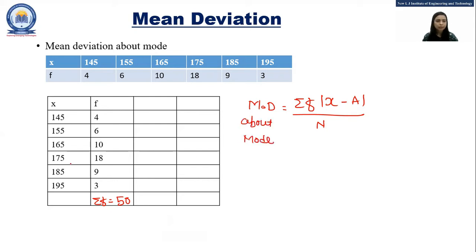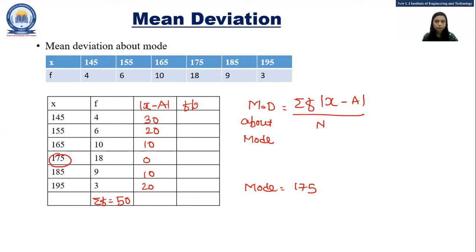Mode is nothing but the value of x with the highest frequency. So mode is 175, because 175 has the highest frequency. Now we find mod x minus 175, that is equal to 30, 20, 10, 0, 10 and 20.